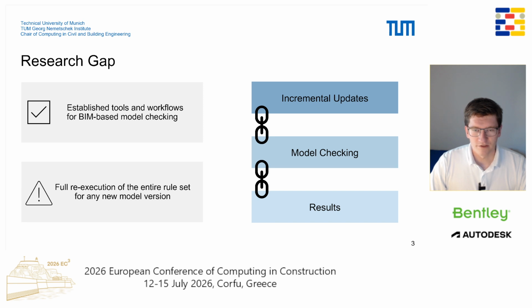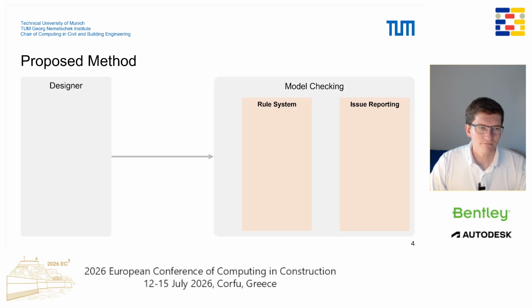What we are presenting in this paper is a link between an incremental update description and the model checking process itself, and in combination we can then also perform reasoning about the model checking results and link the results back to the actual updates that have been performed. Our overall proposed method still considers the designer as a standalone entity in the workflow and the model checking or coordination on the right side.